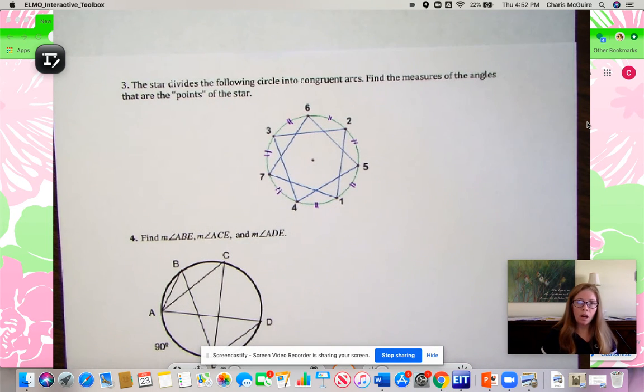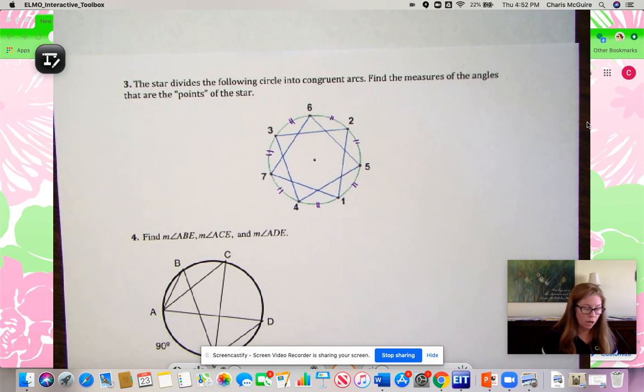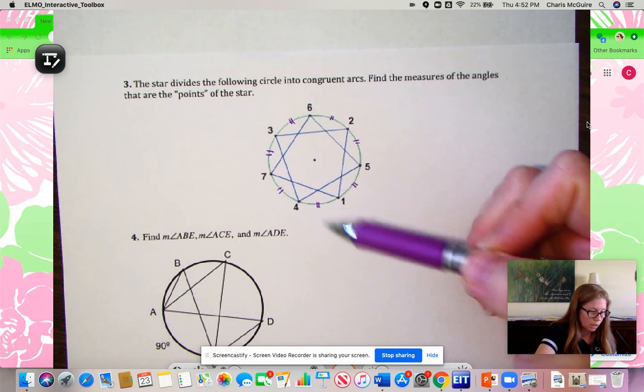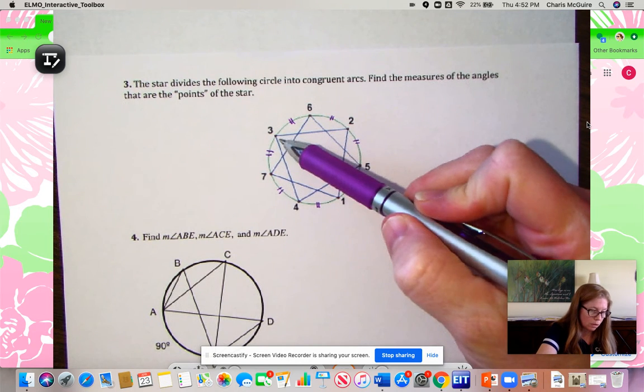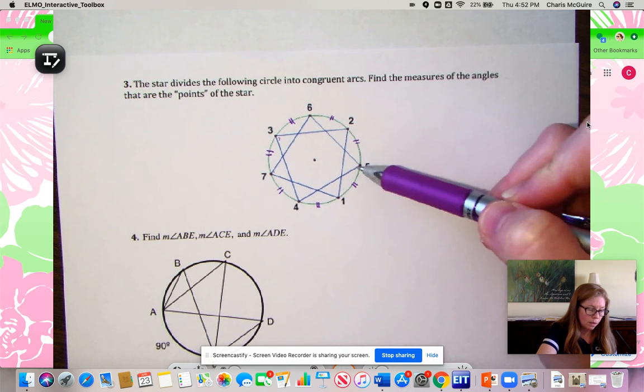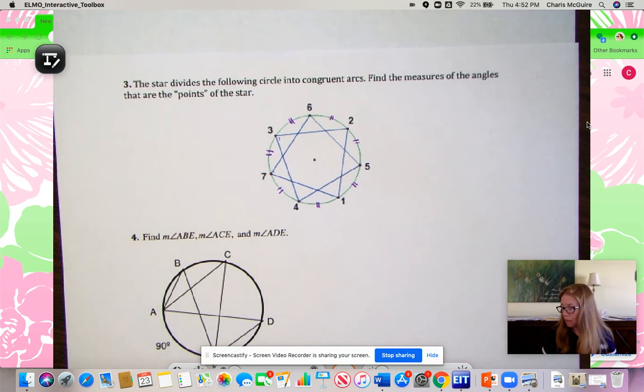Find the measure of the angles that are part of the star. So they're actually looking for the measure of the angles that are the points of the star, excuse me. So they're looking for angle 3 here, 7, 4, 1, 5, 2, and 6. But they're all the same. So go ahead, give it a try.